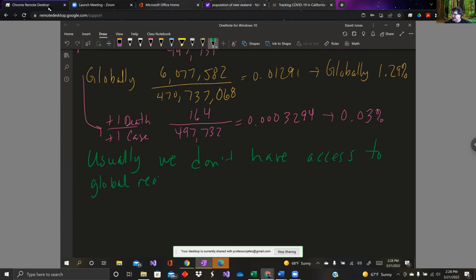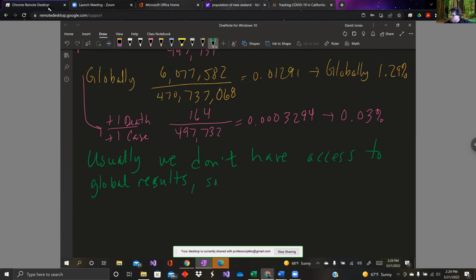Or even state results, country results. Even getting a county's results is hard. And this is a special case with the pandemic. But normally we don't have access to the global results.